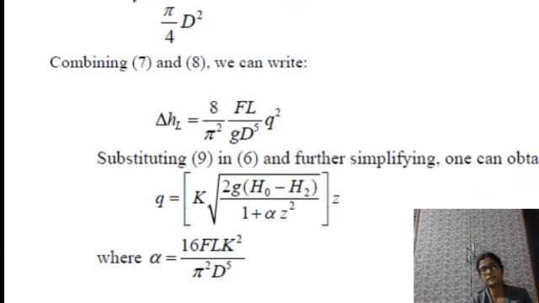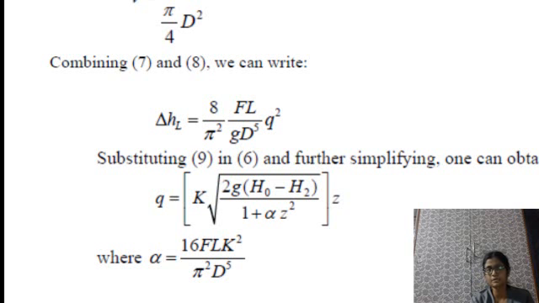Now consider the expression. The head loss delta HL will affect the overall flow rate Q, and this can be rewritten by considering Bernoulli's principle.